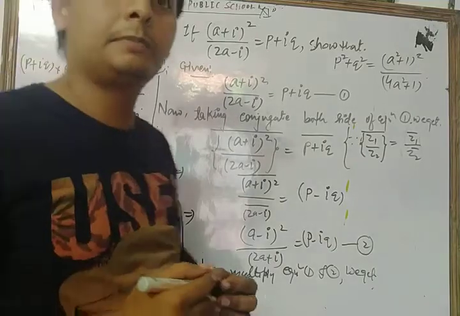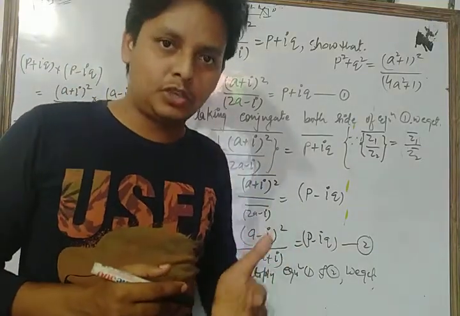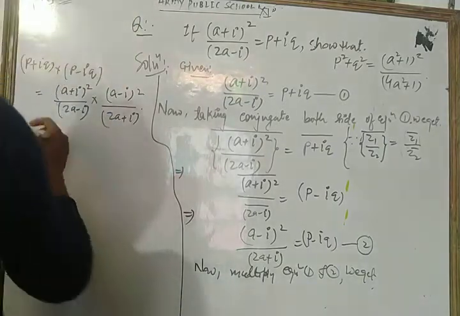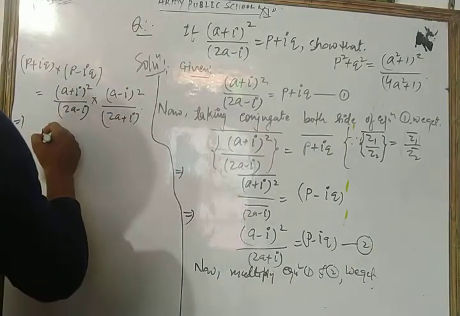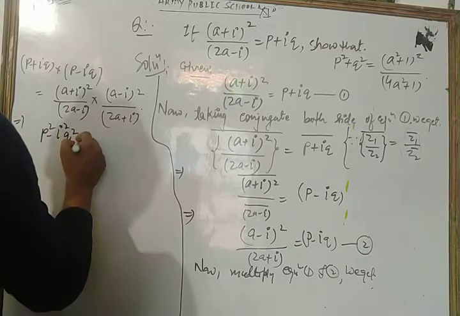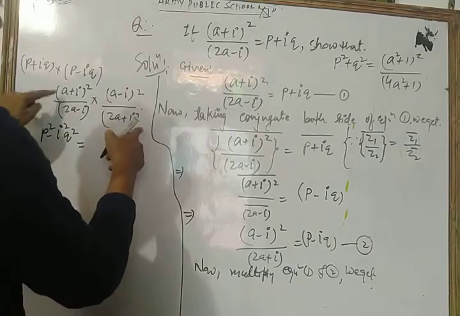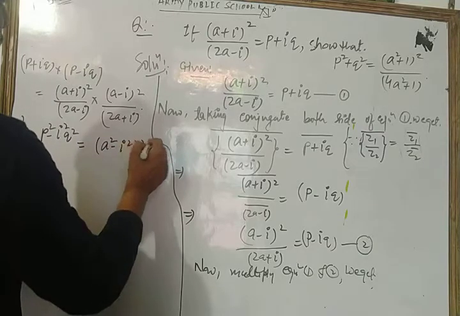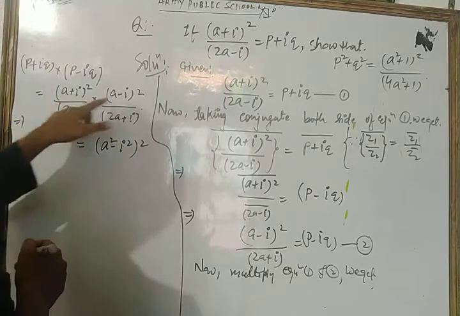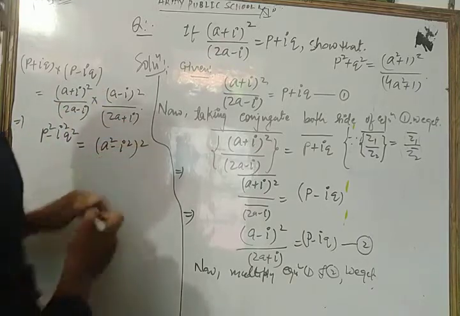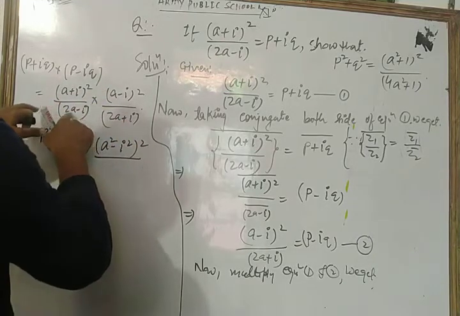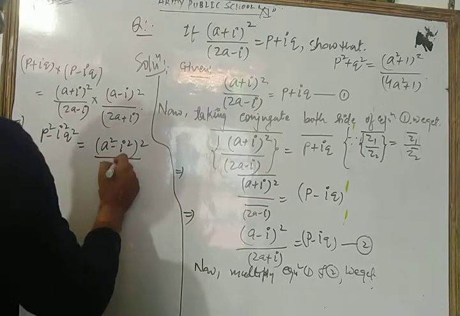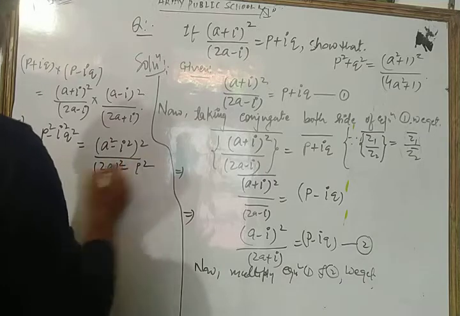We have (a + b)(a − b), so what is the formula? It is a² − b². Using this identity, we get p² − i²q². Similarly on the right side, we get (a² − i²) whole squared, and in the denominator (2a)² − i².